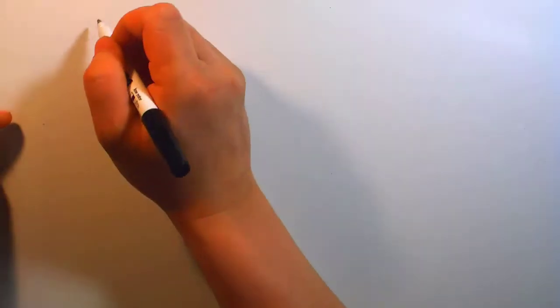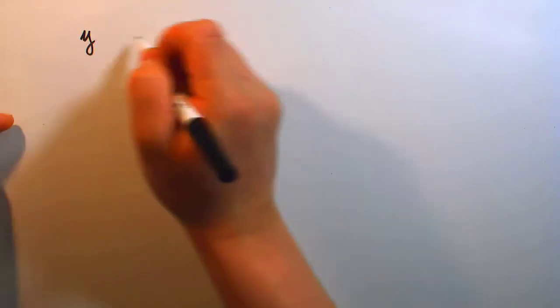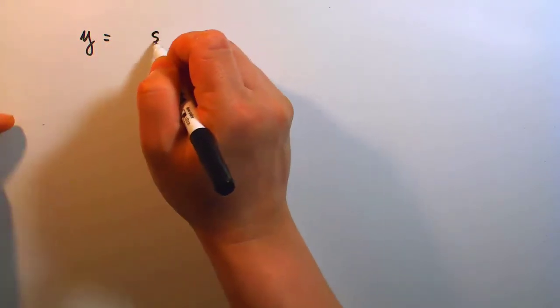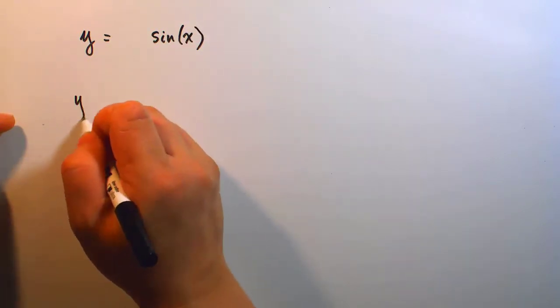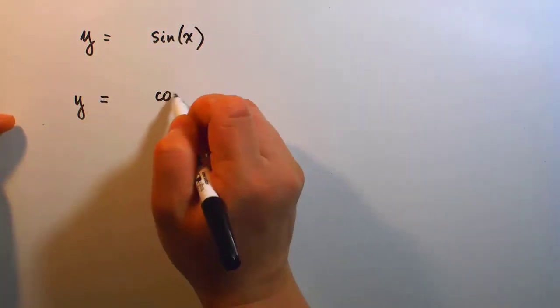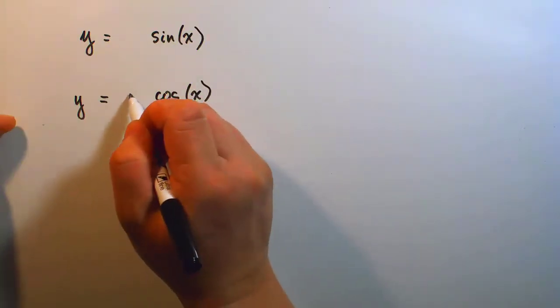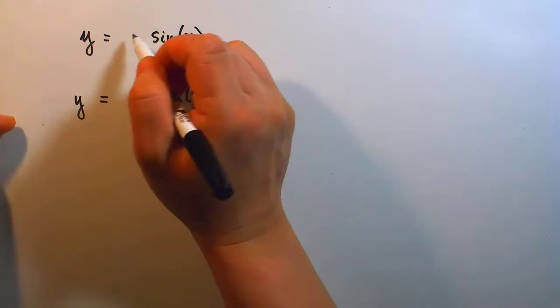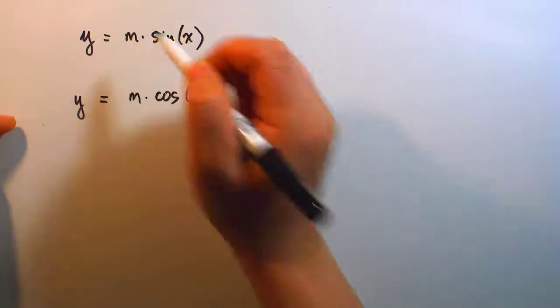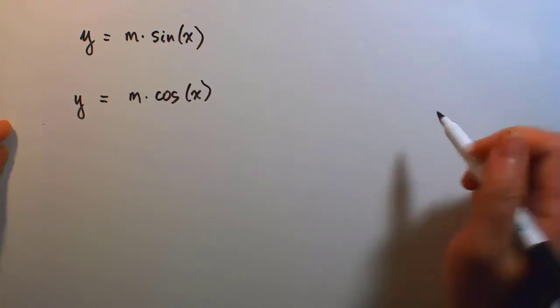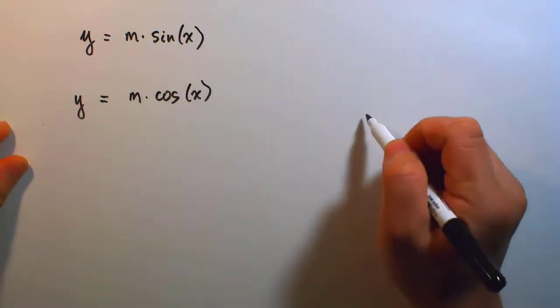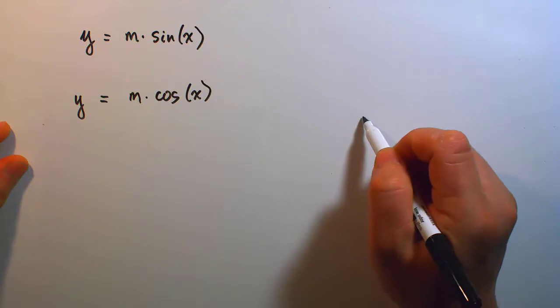So now, generally speaking, when your function is either a sine of x function or a cosine of x function, and there is a coefficient m being multiplied in front of each of our trig functions here, then it's going to generate a graph, a wave, with amplitude.